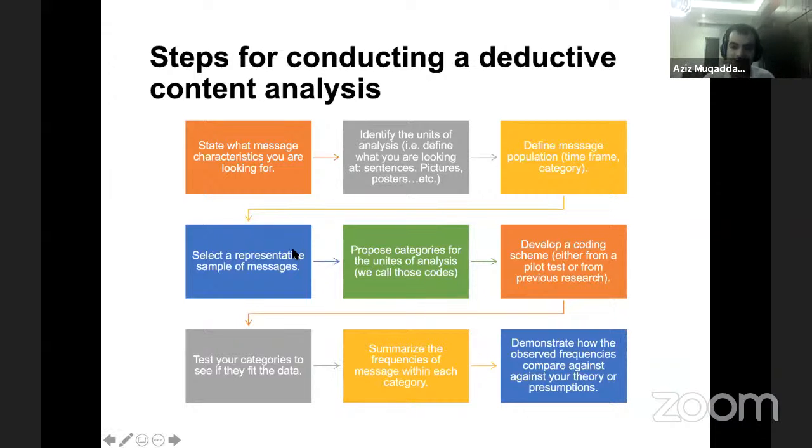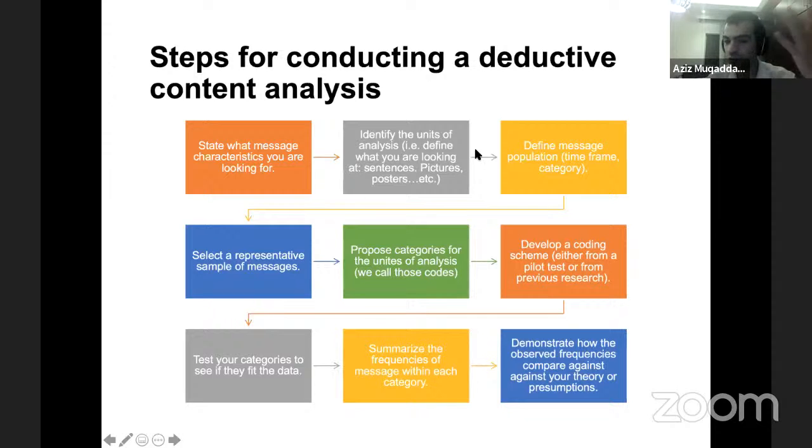We said you could either do a census or a sample of the analysis population. The population here doesn't mean people, it means the unit of analysis. How many units are going to go into the sample you're actually going to analyze? You either do all of it once you figure out the time frame, or you take a sample.